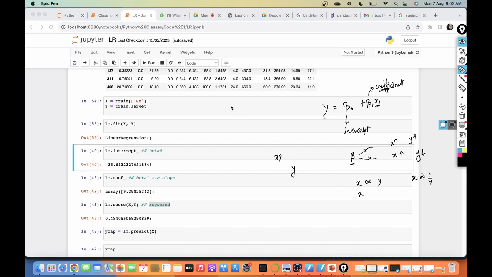For example, if x increases by 1 unit and beta equals 2, then 2 into 1 is 2, so y will increase by 2 units. So the coefficient represents by what amount y will change, and whether it changes on the positive or the negative side.